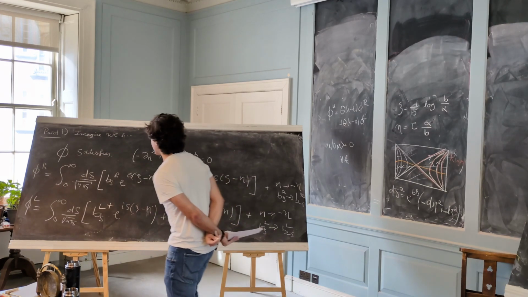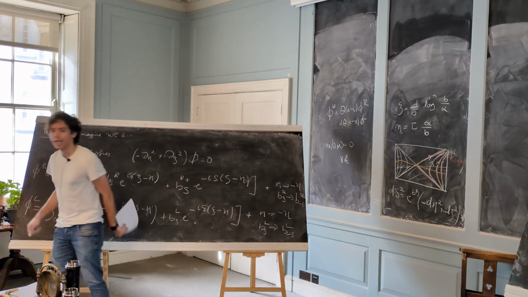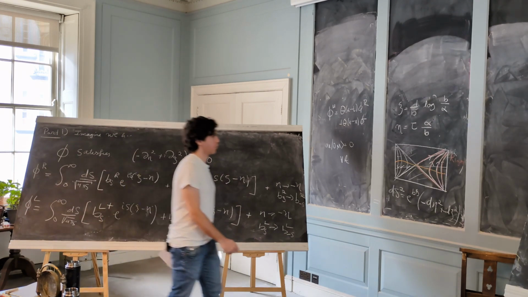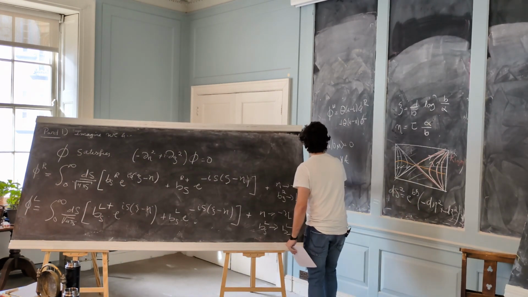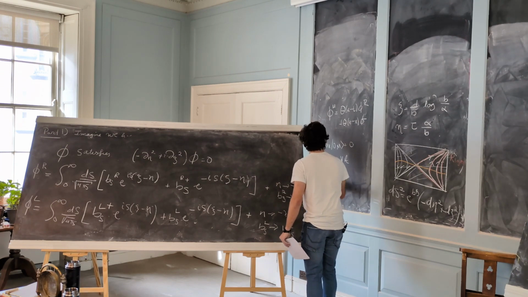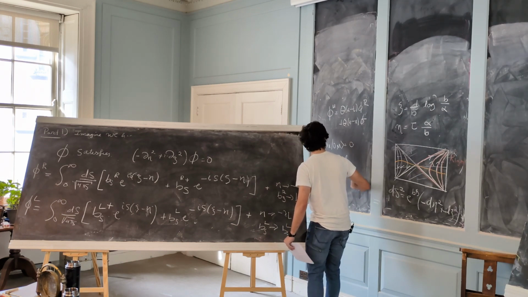So the vacuum would be this, there's this O Rindler, and it would be annihilated by all the B's. So b_s left, right, equals 0 is the Rindler vacuum.